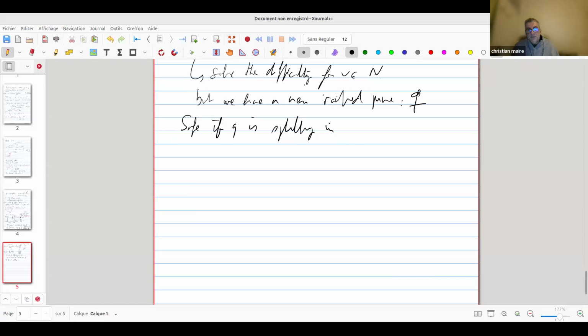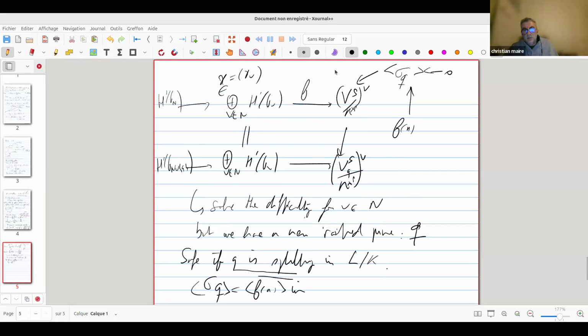And this is the main difficulty now, because you have two opposite conditions a priori. You want Q to be splitting in L over K, and you want the Frobenius at Q to be f of x in my governing field, so in my extension here.